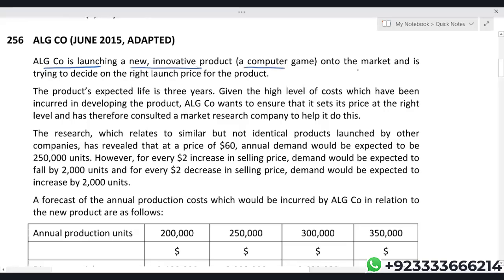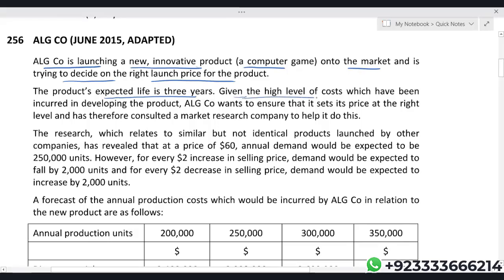A computer game onto the market and is trying to decide on the right launch price. The product's expected life is 3 years. Again, having a short life cycle also goes in favor of price skimming.